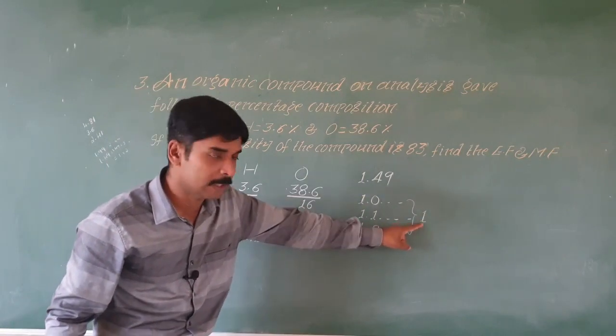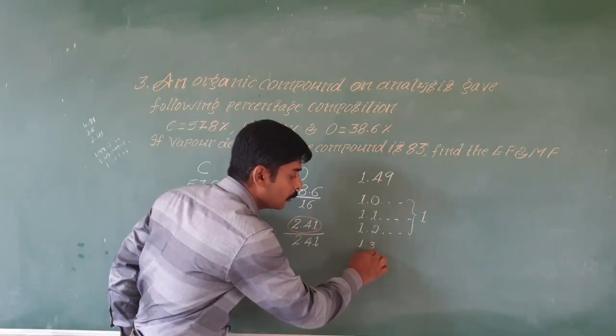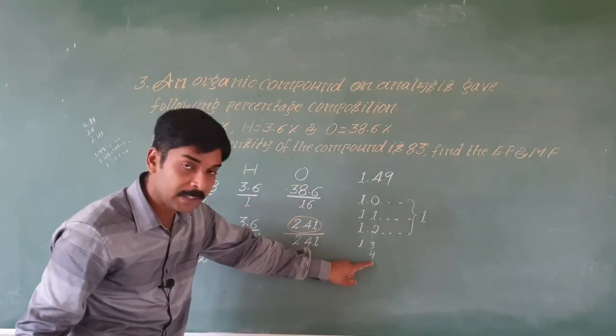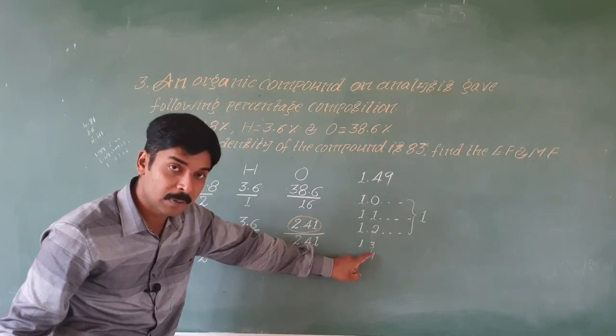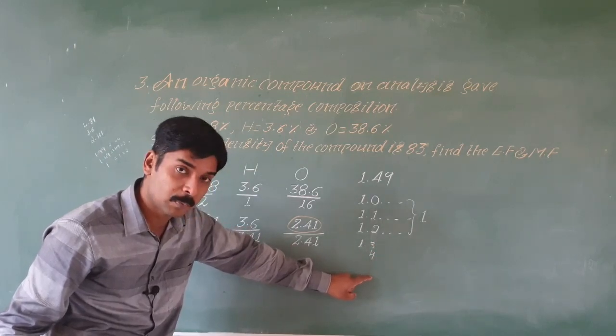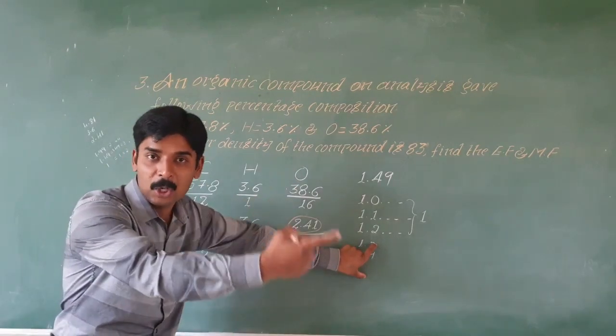Approximately you can take it as 1. And if it is 1.3, 1.4, 1.5, 1.6, 1.7, you can't round off to 1 or to 2.